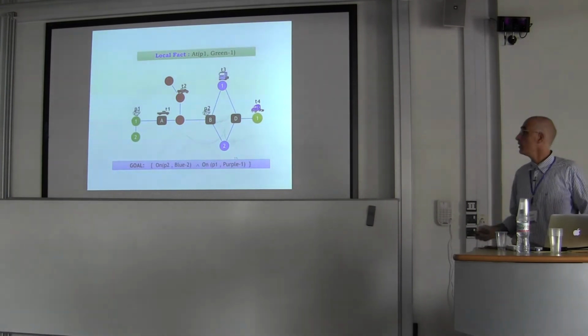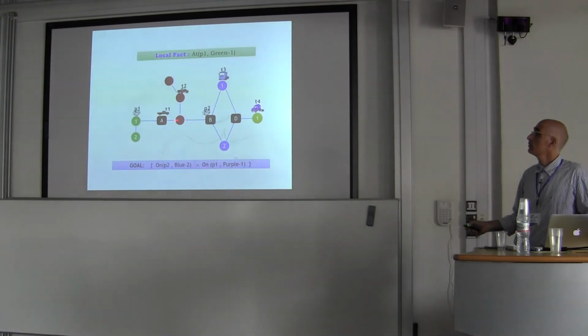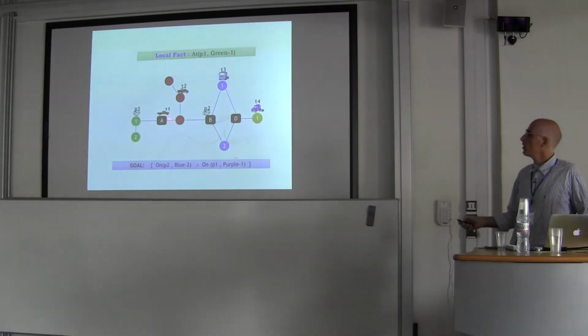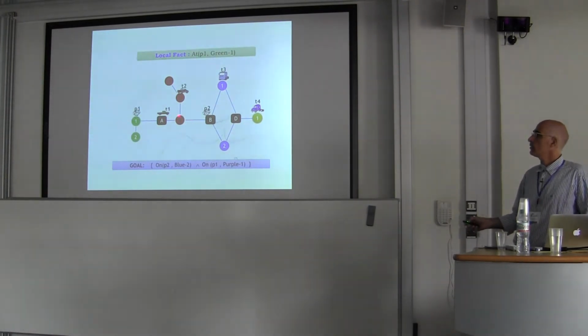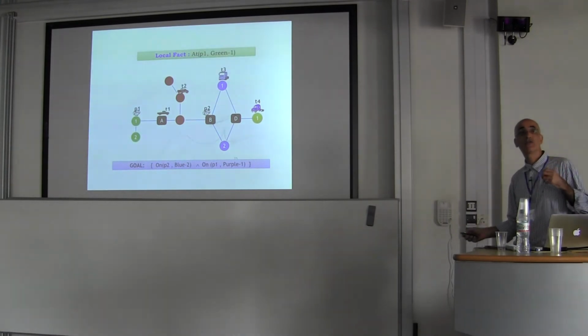Exactly. So yes, if truck 1 could drive into this position, then truck 1 being at this position is still a local fact because it only impacts truck 1. Nothing in the description of any other agent involves the location of truck 1.